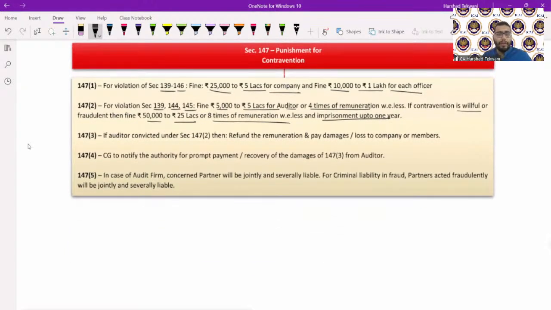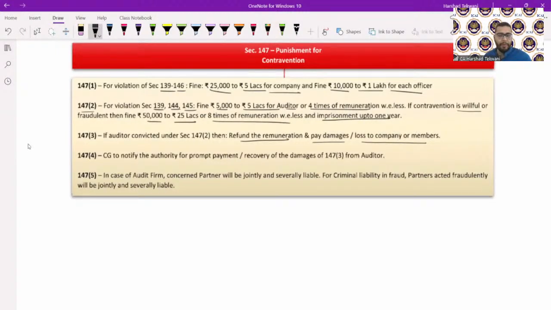Now, if the auditor is convicted under this 147(2), then he needs to refund the remuneration, pay the damages to the company, plus if the company or members have incurred any loss, then he needs to pay that loss. If the auditor is not paying, then the central government can notify an authority for the prompt recovery or payment of the fees.